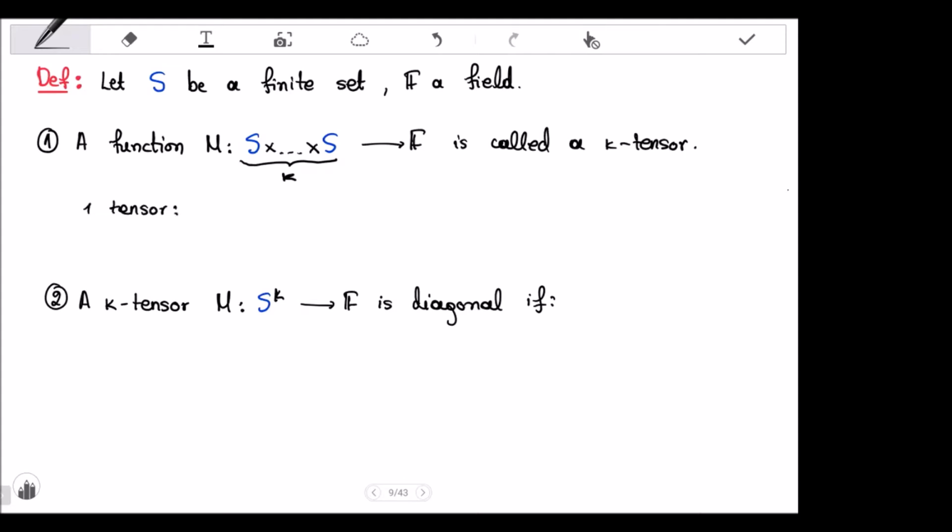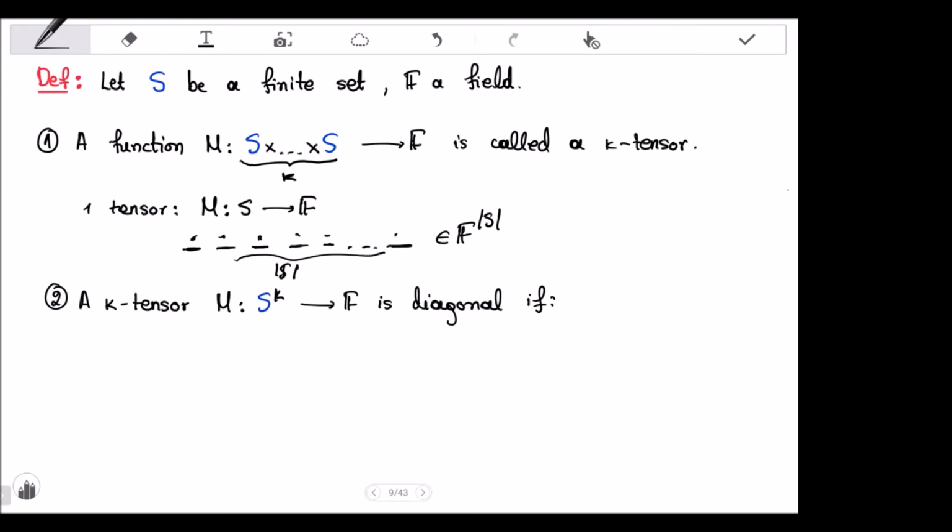A one tensor would be any function from S to the field. So S has size of S elements, and for every one, we put a different value here. So these are size of S elements. So this just belongs to F to the size of S.